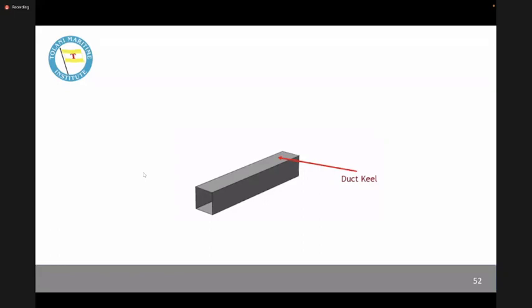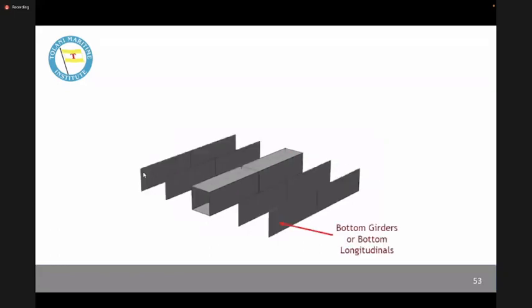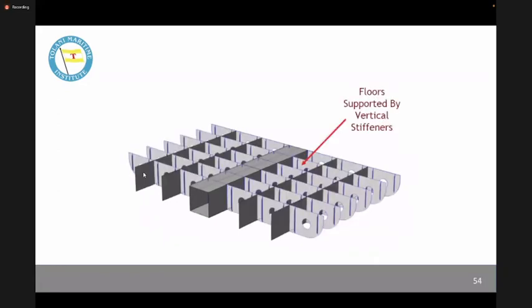So we have chosen the duck keel. Thereafter, we have put a number of side girders. We have added the floors. These floors are also of different types. Today we will talk about that also. So this mostly takes care of the bottom structure.